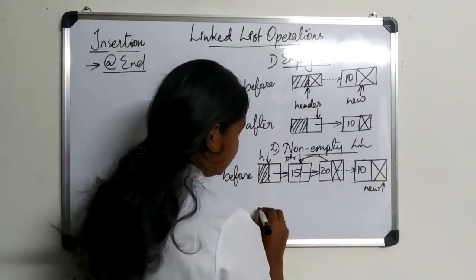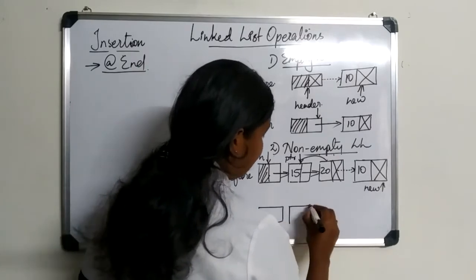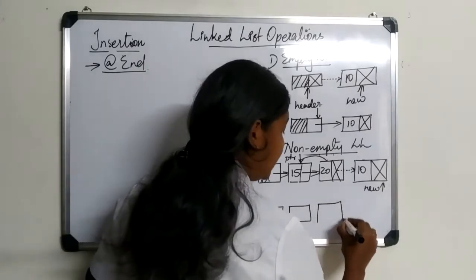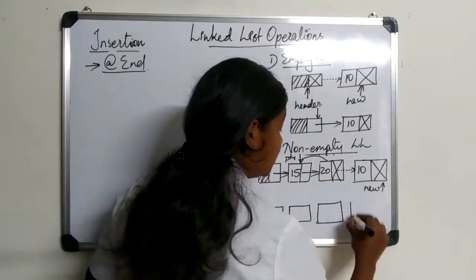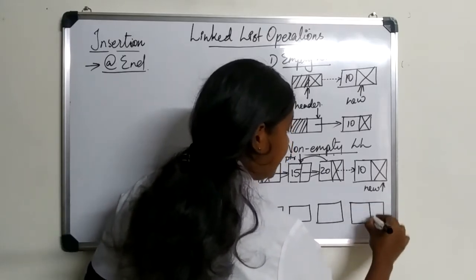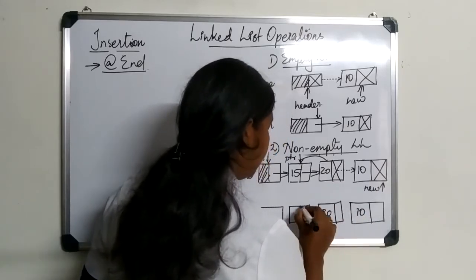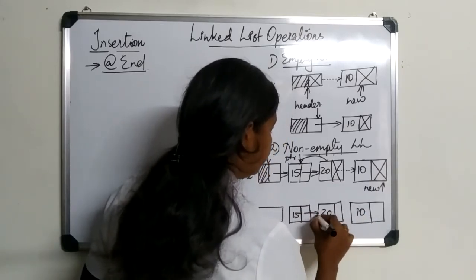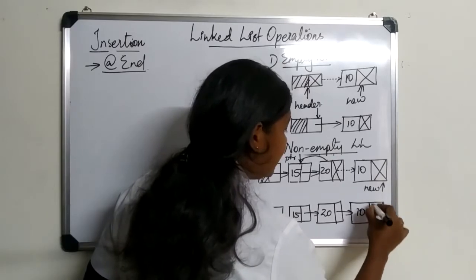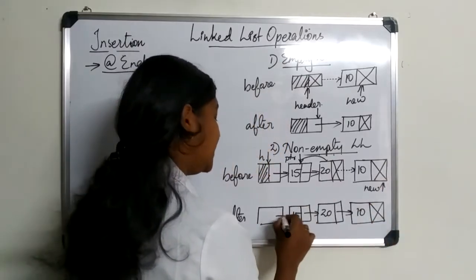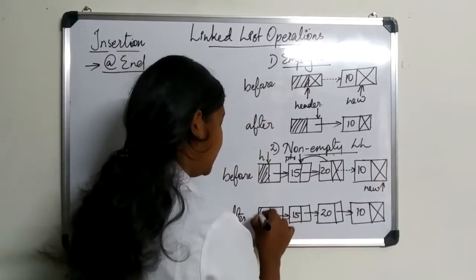So after insertion, our diagram would be like this: the node which contains 15, this is the node which contains 20, and the last node is 10. Very simple to draw this diagram. Once you are clear with the concept, you also can draw this diagram in a fast way.